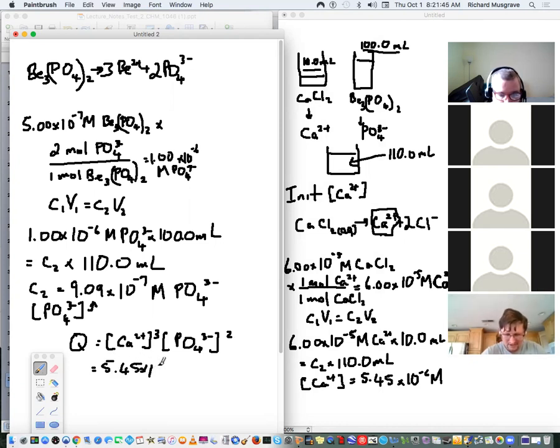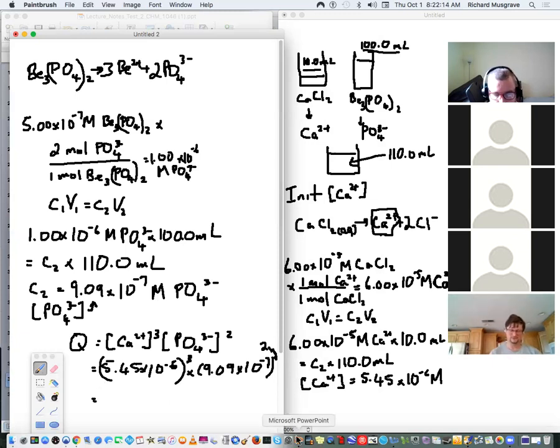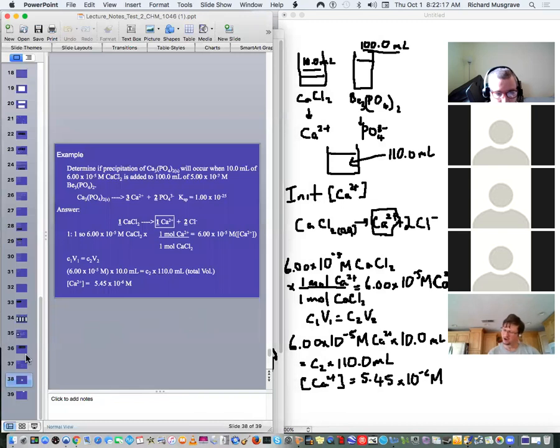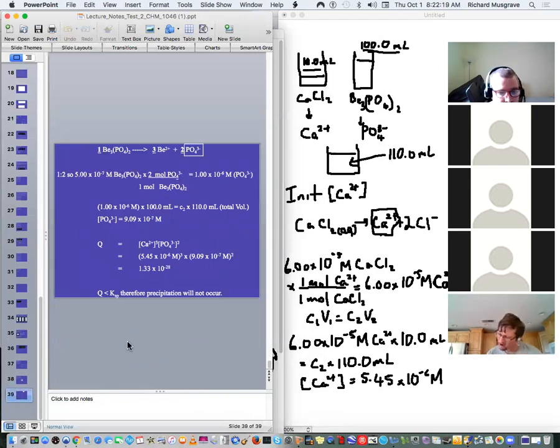5.45 times 10 to the negative 6, that's cubed, times 9.09 times 10 to the negative 7, and that's squared. And that comes out with a value of, in this case, 1.33 times 10 to the negative 28.